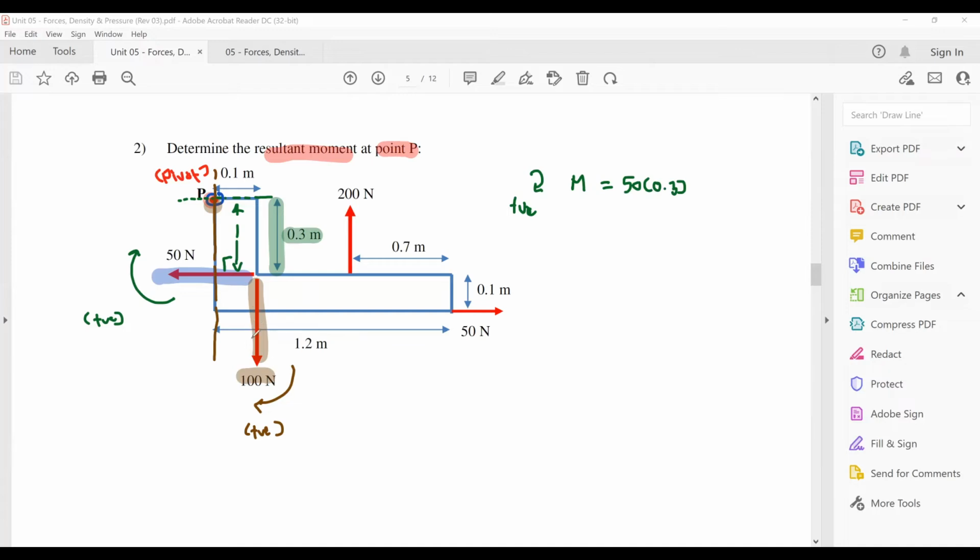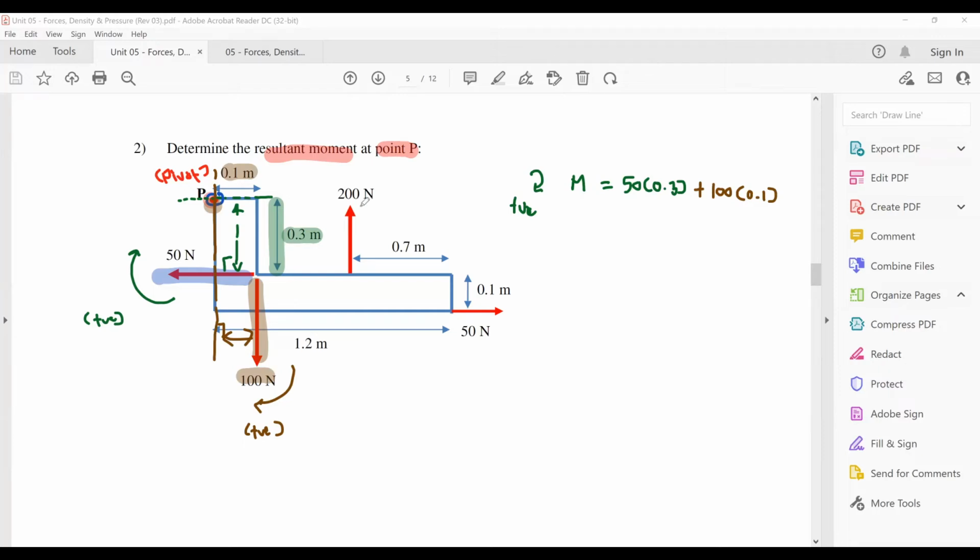This one is by right your perpendicular distance, so it's going to be 0.1. So this one again will be positive 100 times 0.1.